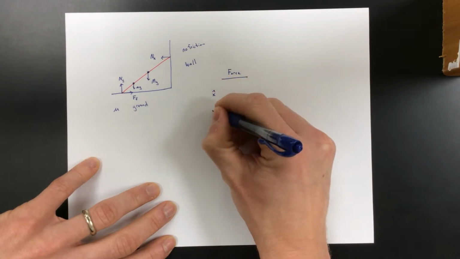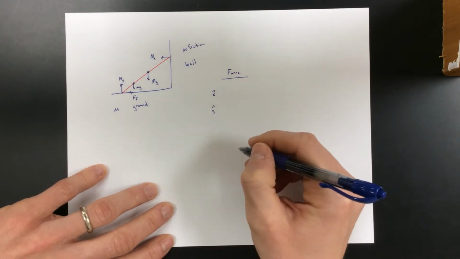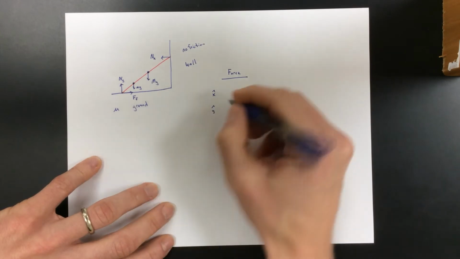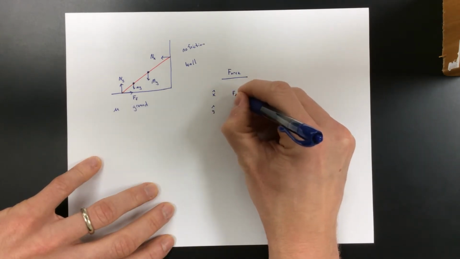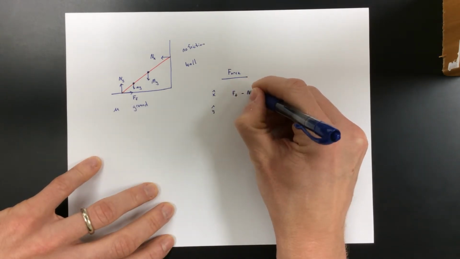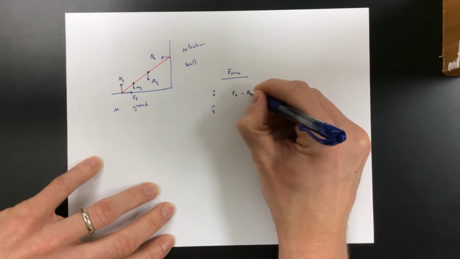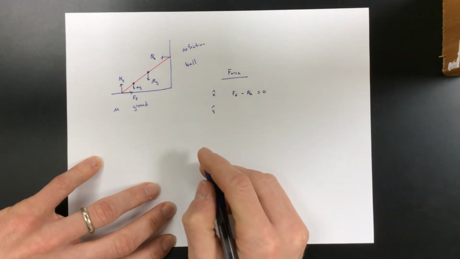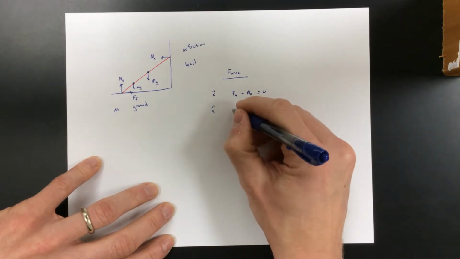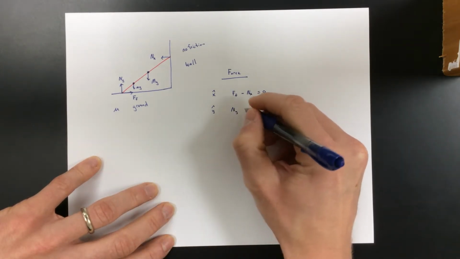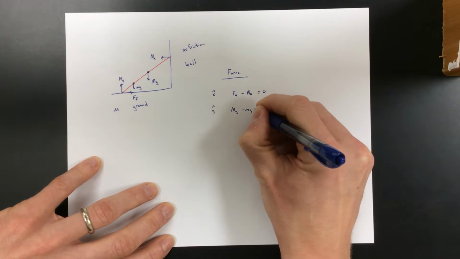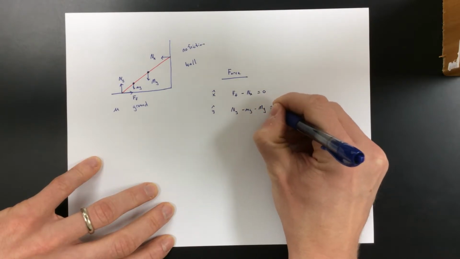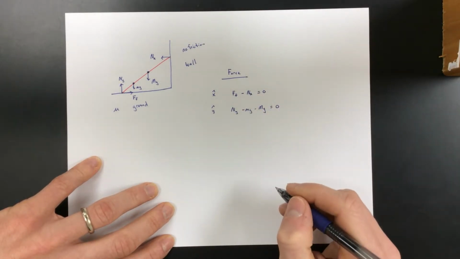So we know that both x hat and y hat, the forces have to balance. In the x direction, we have the force of friction has to be equal and yet opposite to the normal force that the wall exerts. And that has to equal 0 because we're not accelerating to the left. The up forces are N_y, and the down forces are both little mg and capital MG, and those have to be equal to 0.